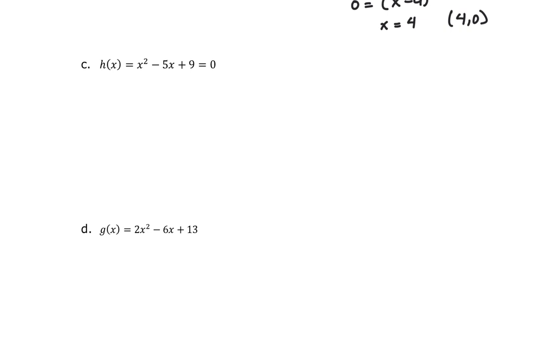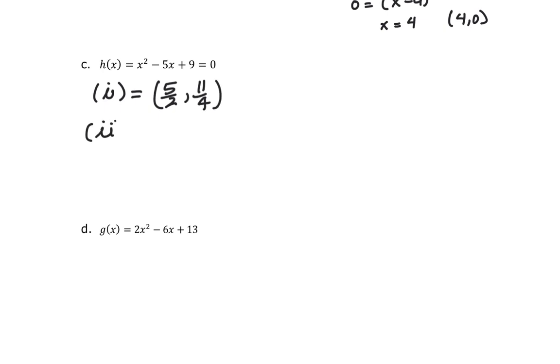All right, so for the next one, which is C, these are the answers that I got. For the first part, where they're asking me for the vertex, we ended up with fractions: 5/2, and when I got done, I got 11/4.